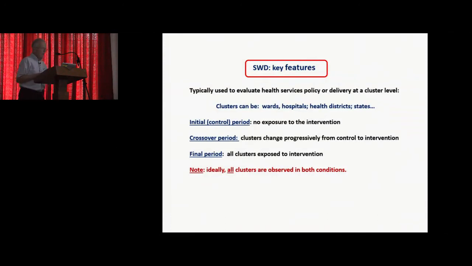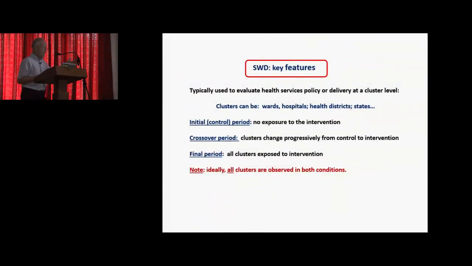Usually, very desirably, there'll be an initial period when there's no intervention, and that becomes the control. So it's usual practice, whatever's going on now is the first time period. And then there's a crossover period, but just to be clear, it's not a crossover design. You don't cross over to something else and then back again as you might in a typical crossover trial.